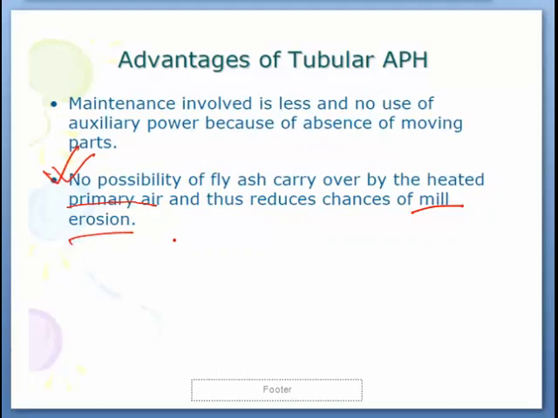And this primary air, which will absorb heat of the flue gas, will not be contaminated with the ash, hence chances of mill erosion will be nil.